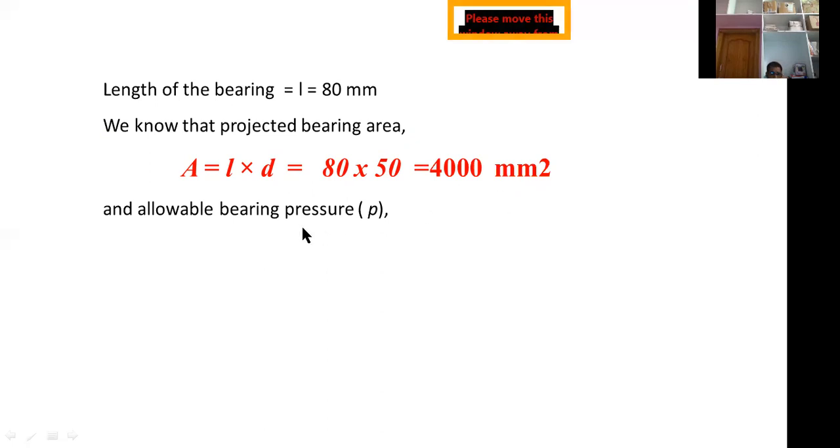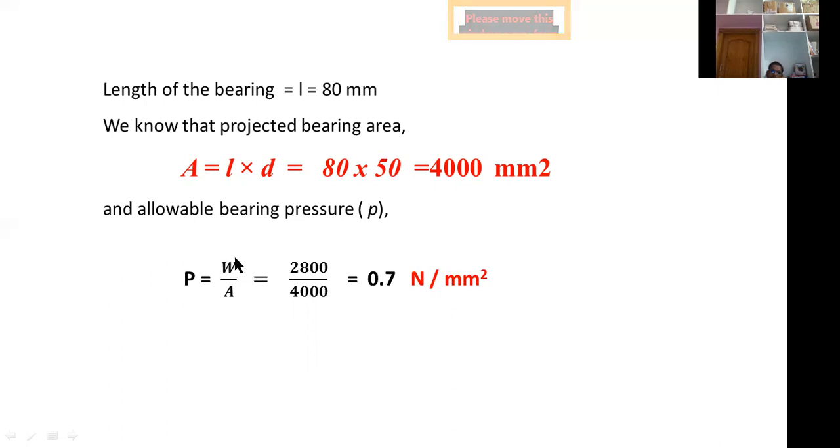By using this area, you have to find the value of bearing pressure. Already we know the formula for bearing pressure, P equal to load by area. The load on the journal, load on bearing, equal to 2,800 is given, and the projected area of the bearing obtained from this equation is 4,000.